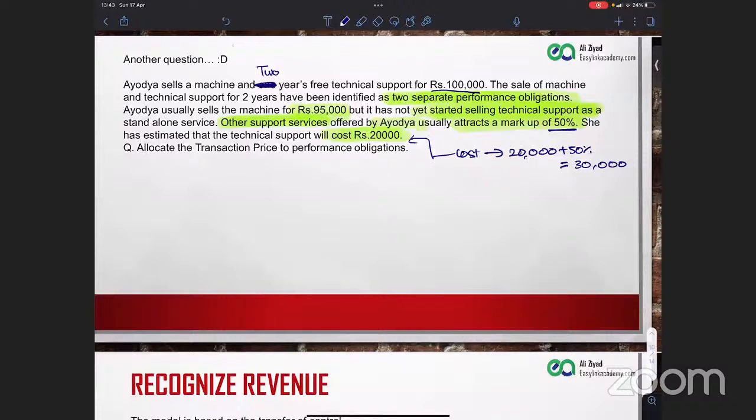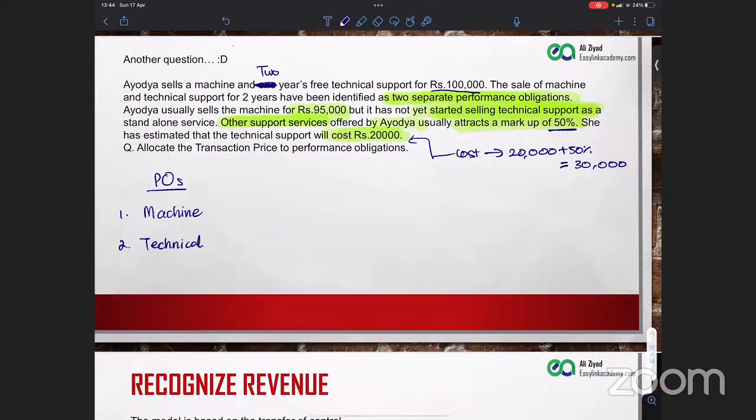30,000. So guys, remember, what are the two separate performance obligations here? One is the machine. The other one is the technical support.